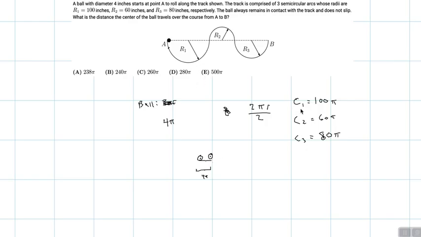My thinking here would just be 100 pi plus 60 pi plus 80 pi, but I don't think that's it.